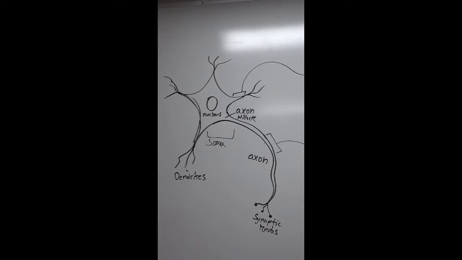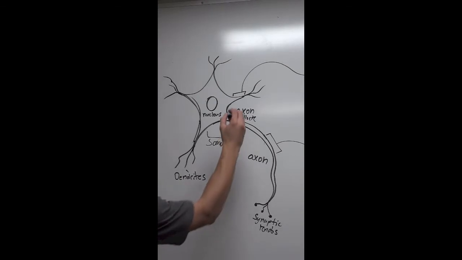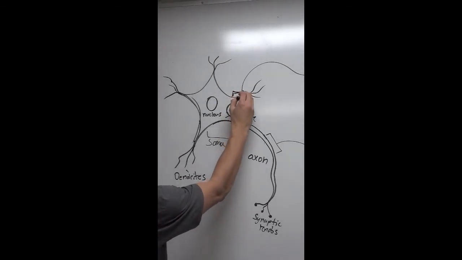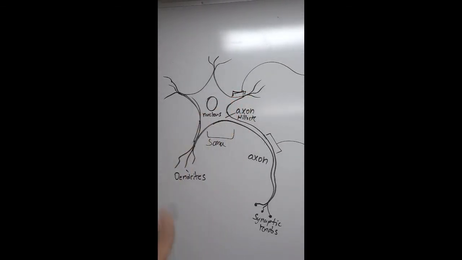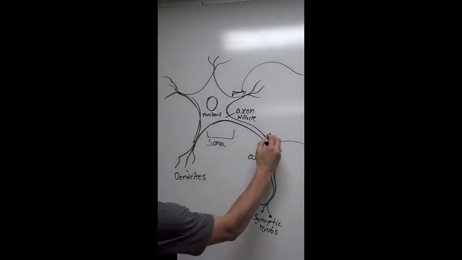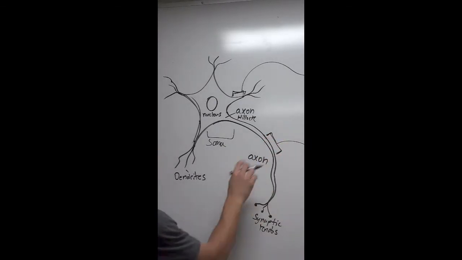Now, two things that we're going to go into more in-depth information about are, like I said before, a local potential and an action potential. So for local potentials, let's focus on this area right here, again in the soma of the neuron, and for an action potential, we're going to be focusing on the axon right here.